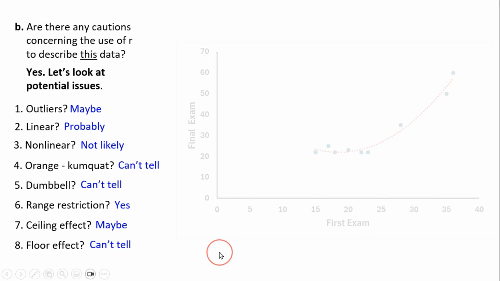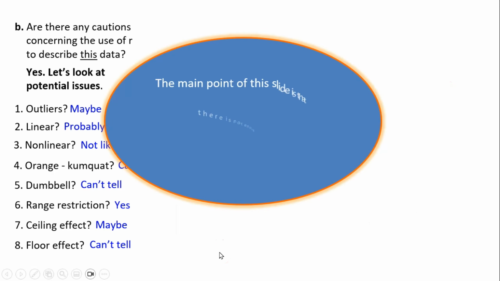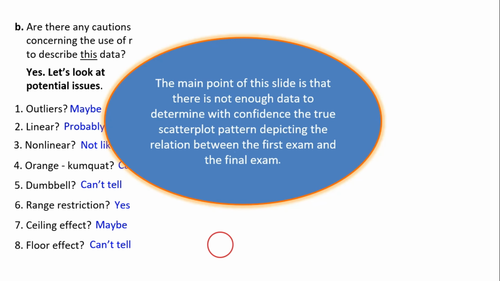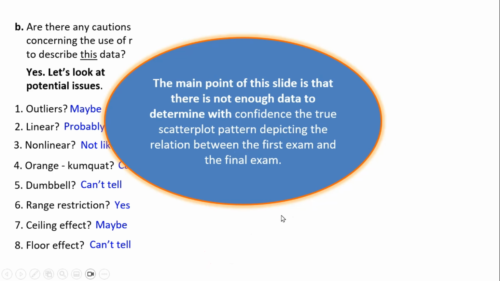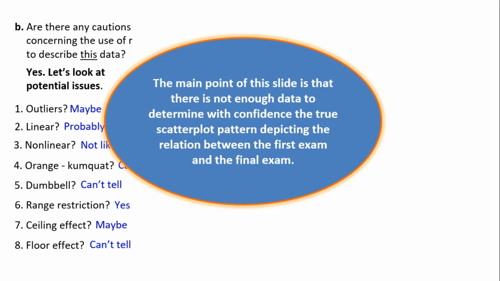So the main point of this slide, though, I want to present now. The main point of this slide is that there is not enough data to determine with confidence the true scatter plot pattern depicting the relationship between the first and the final exam. So that's what you want to keep in mind with what we're looking at.